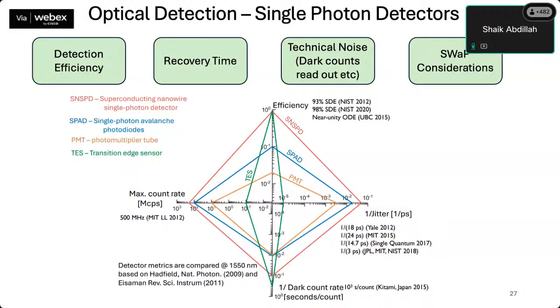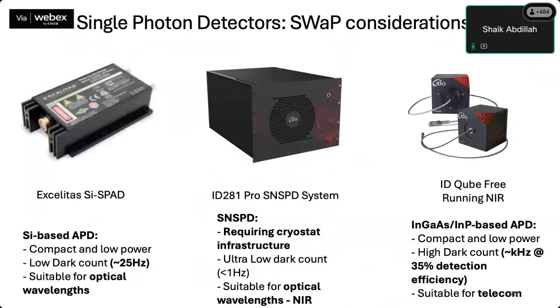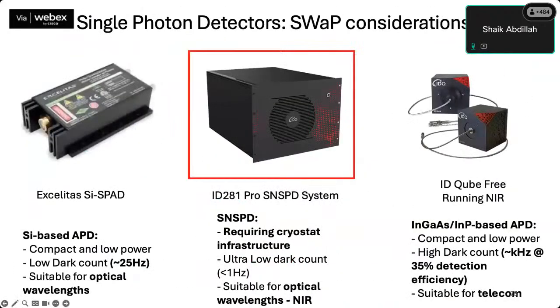PMTs and TES are pretty deprecated, so they're not widely used, but there are research groups working on single photon photomultiplier tubes, particularly those working on photon-number-resolving single photon detectors. So the two main candidates would be SNSPDs and single photon avalanche photodiodes, right? SNSPDs tend to have the best efficiency, the lowest timing jitter, the lowest dark count, and the highest max count rate, right?